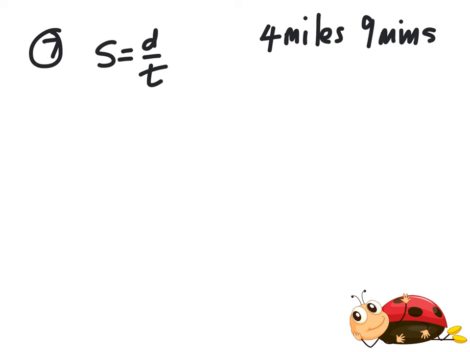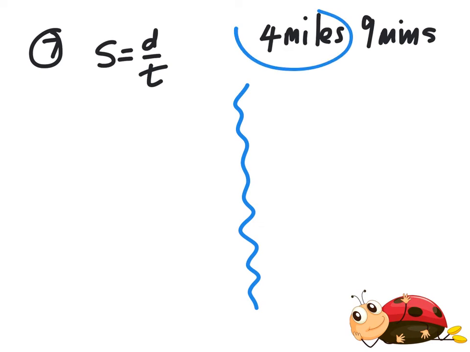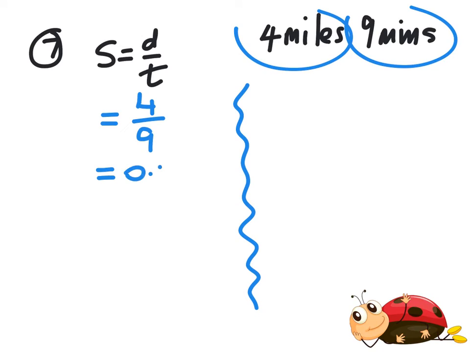Question 7. I'm going to do this two ways. You can decide which one you prefer. So, for my example, I'm saying Robin goes 4 miles in 9 minutes. So his speed is his distance 4 divided by 9, which you'll get on your calculator is 0.44444, and it just goes on forever.